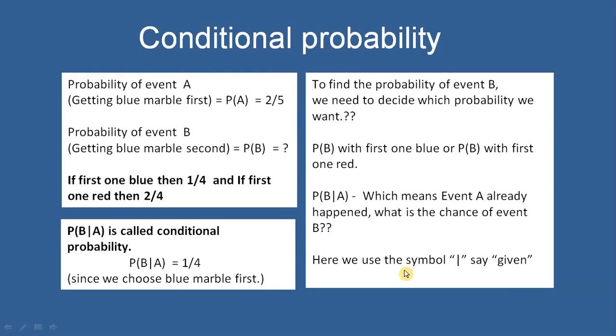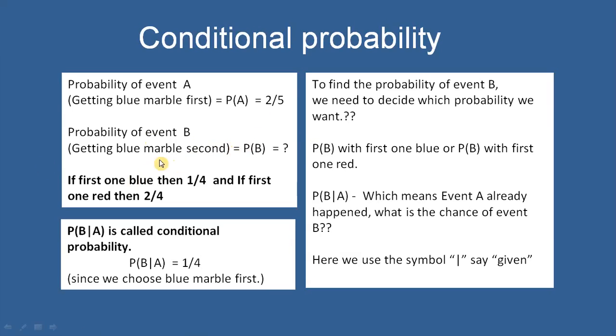Here comes the conditional probability. Now, the probability of event A, that is getting a blue marble first, we can say P of A equals 2 by 5. But the probability of event B, that is getting a blue marble in the second event, we call P of B. P of B is a dependent event here, so its probability depends upon the first event.